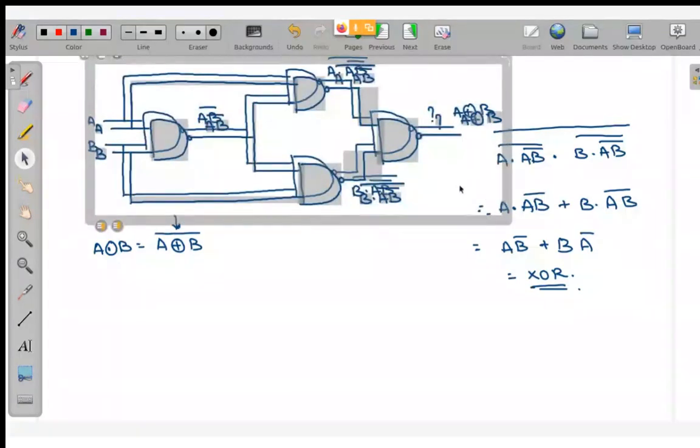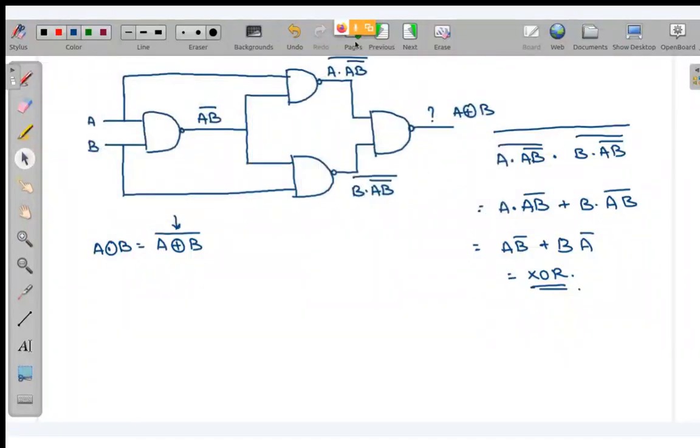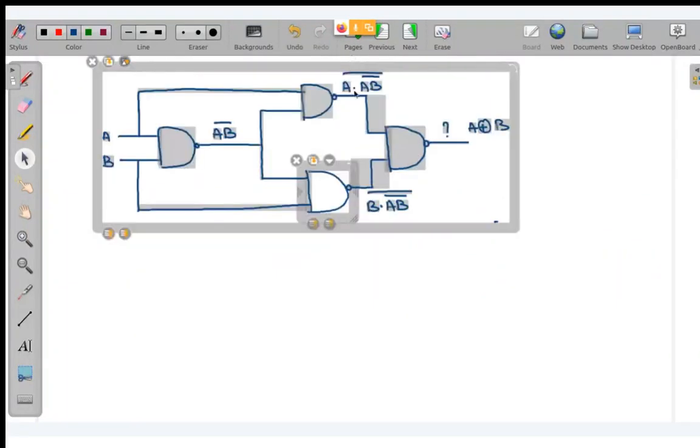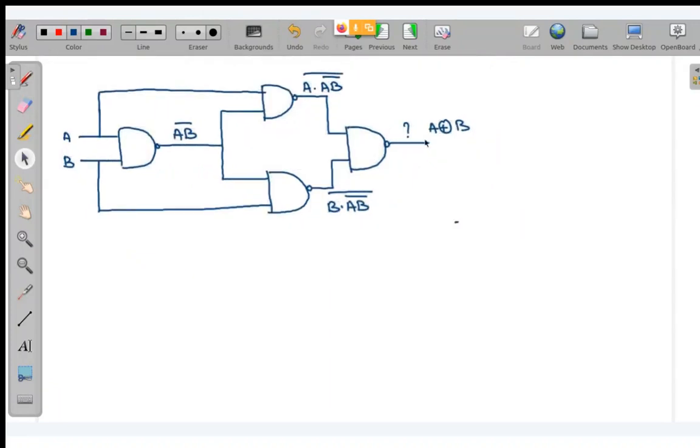If you want to construct XNOR gate, simply after this stage, add one inverter, and we know for adding inverter, we require one NAND gate. So this is your A XNOR B. So for this we require 5.